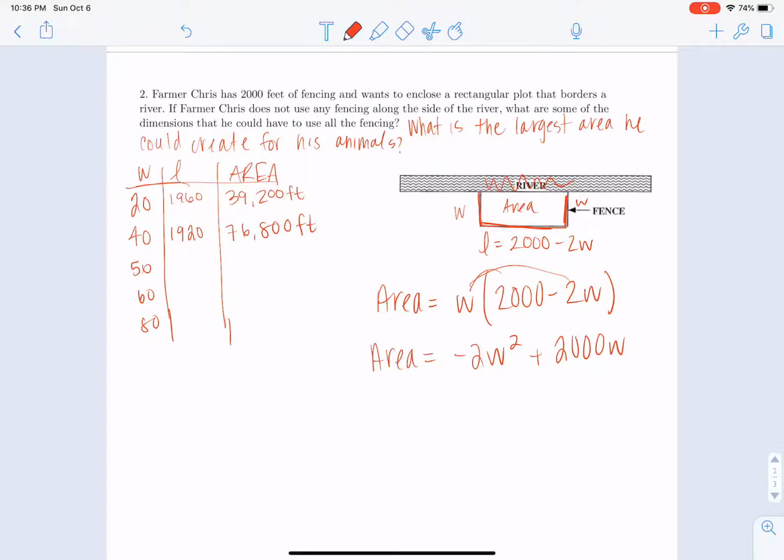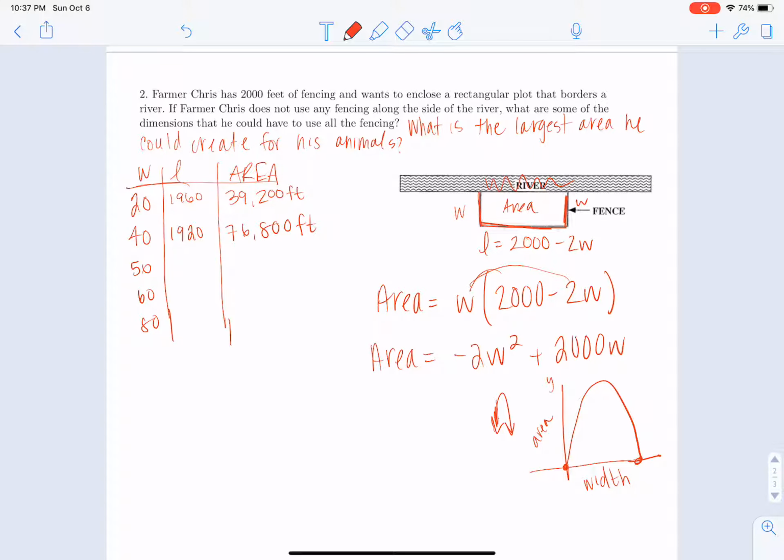And I know that this will end up giving me a concave down parabola where W is my x value, which is the width of my rectangle, and my y values represent the area. I also know that this is plus 0, right? There's no constant here, which means that my function is passing through 0, 0. It's going to be a concave down parabola, and it will eventually come back down.